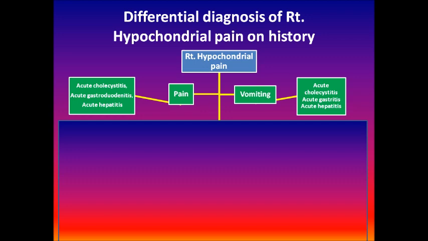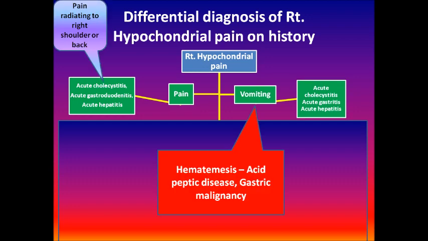Vomiting generally is an accompaniment of all these diseases and it is not a very specific symptom to be relied on. Of the three conditions which can present with pain, there is a small difference in acute cholecystitis. The pain related to acute cholecystitis radiates to the right shoulder or the back, which is not generally seen in acute gastroduodenitis or acute hepatitis.